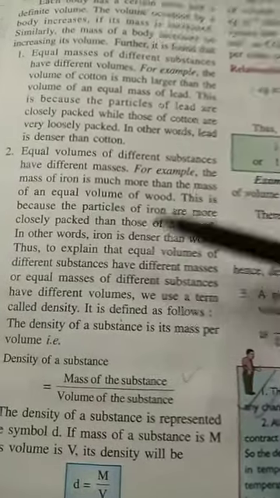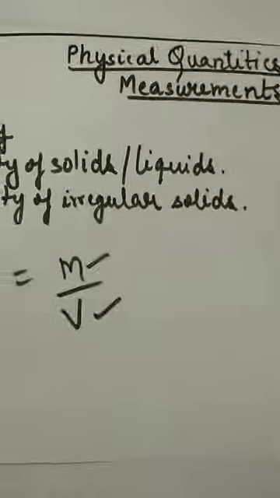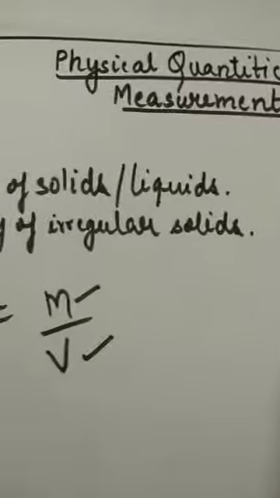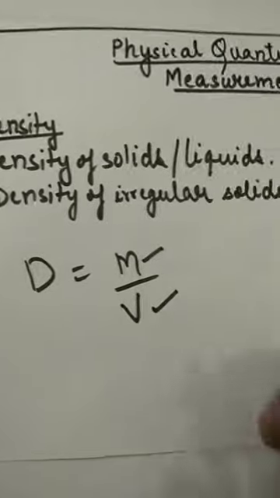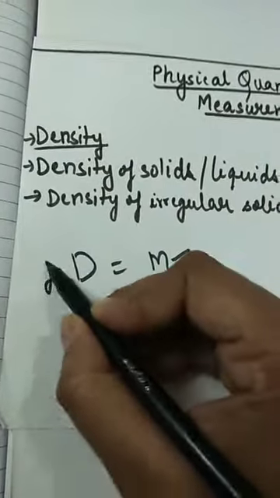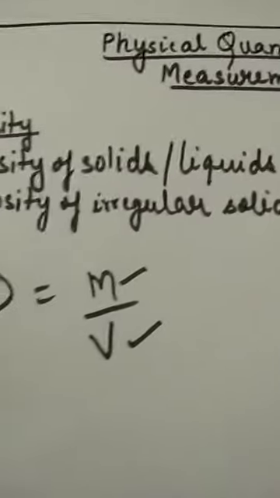From this we have generated another quantity which is called density. Density is something which involves mass and volume. Density is represented by the letter D. You can write D or small d. It is represented as mass upon volume.